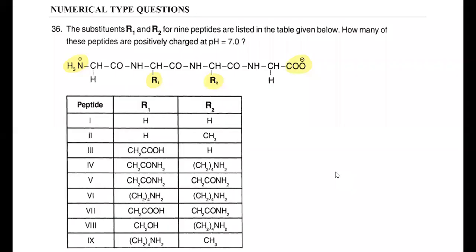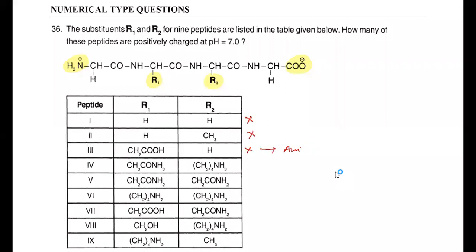R1 and R2 should be groups which are basic in nature, because only those will accept H from water and convert to a cationic form. So the first row is not possible because both are H. The second one is also not possible, both are hydrocarbon. The third one is not possible because if a carboxylic acid is there, it will lose its H plus and convert to an anion, or you may say negatively charged.